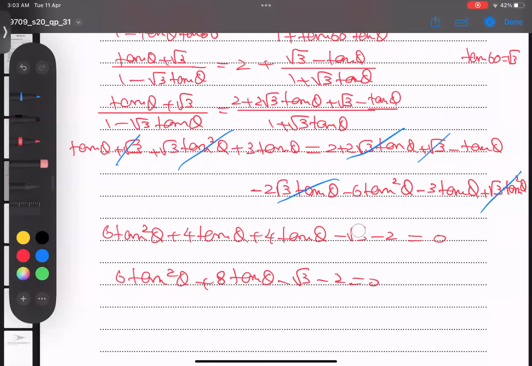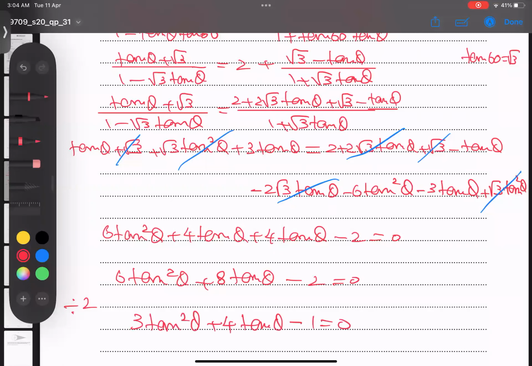It means √3 is gone, so only negative 2 is left. This point is clear as well. So it means only negative 2 equals 0. Now you can see that 2, 8, 6 are all divisible by 2. So I get 3 tan square theta plus 4 tan theta minus 1 equals 0. And this is our final form. We got it.